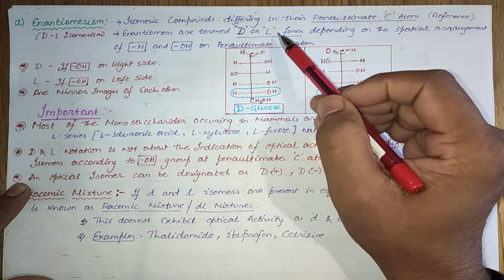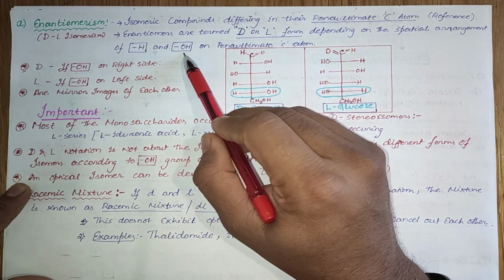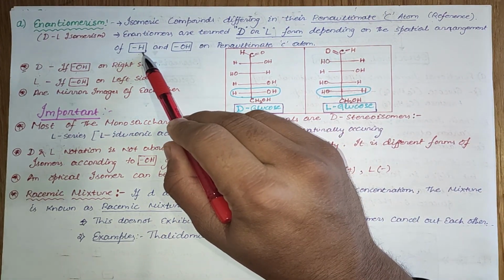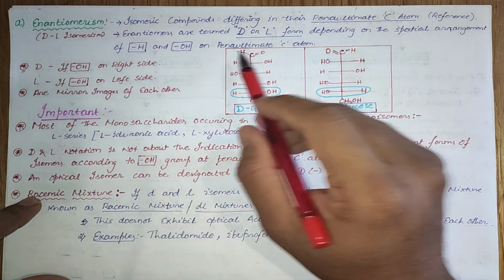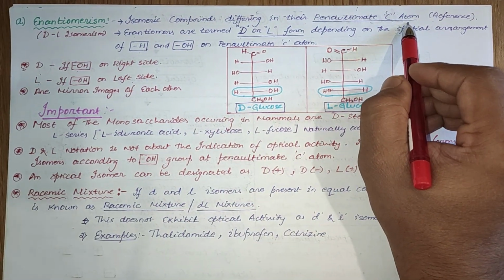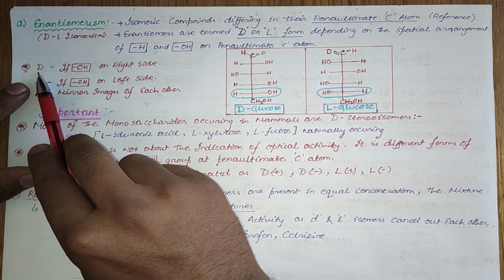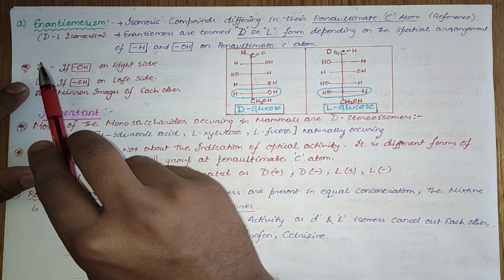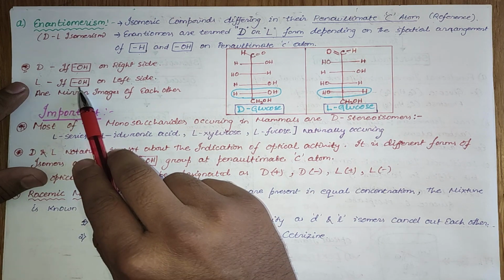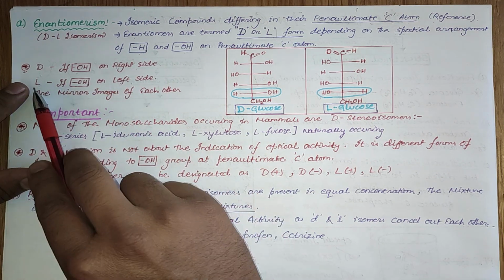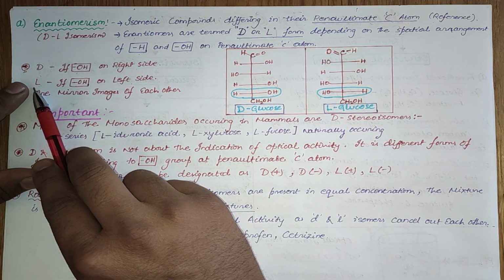The D and L structure depends on the hydroxyl group and hydrogen present on the penultimate carbon atom. If the hydroxyl group is present on the right side, it is termed a D isomer, and if the hydroxyl group is present on the left side, it is termed an L enantiomer.